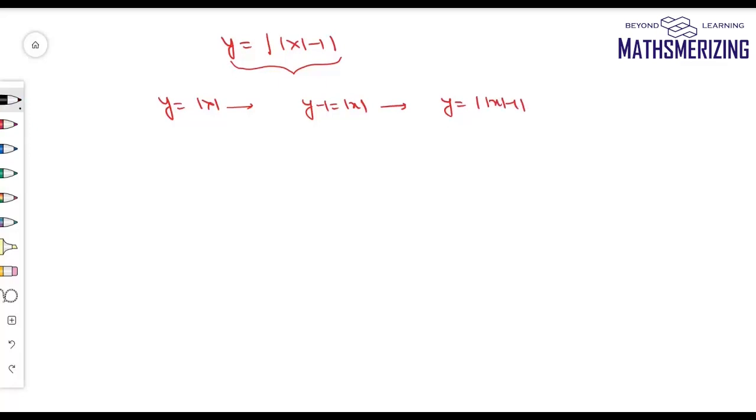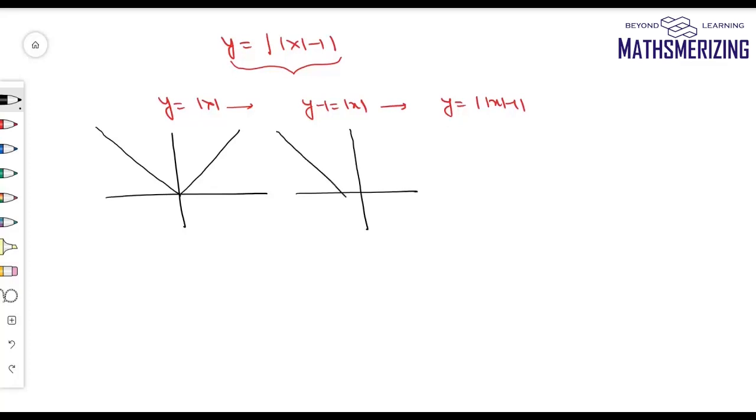So if I'm going to draw the graph in this way, first I'll draw the graph of y equals mod x, then y minus 1, shift the entire graph minus 1 units along the y-axis, and then mod of mod x minus 1. Now for mod of mod x minus 1, take the reflection of down on up and then erase the graph from the third and fourth quadrant. So basically the graph will be this W-shaped graph.